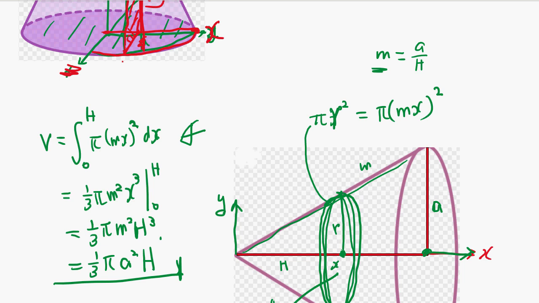And by the way, cylinder volume with height h and radius a is pi a square h, so the cone is going to be 1/3 of the cylinder volume, right? Okay, so instead of going through this complex calculation, you don't have to go through this. Just change orientation. It's so easy, and I will show you another example in the next video.